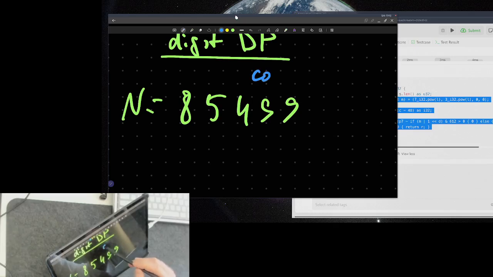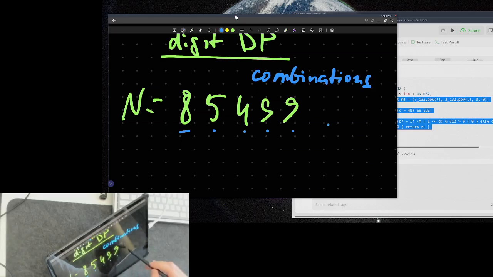This is combinatorics-based. For the digit 8, we have 1, 2, 3, 4 leftover digits. So this is our combinatorics, 8 and 4 digits of tail.